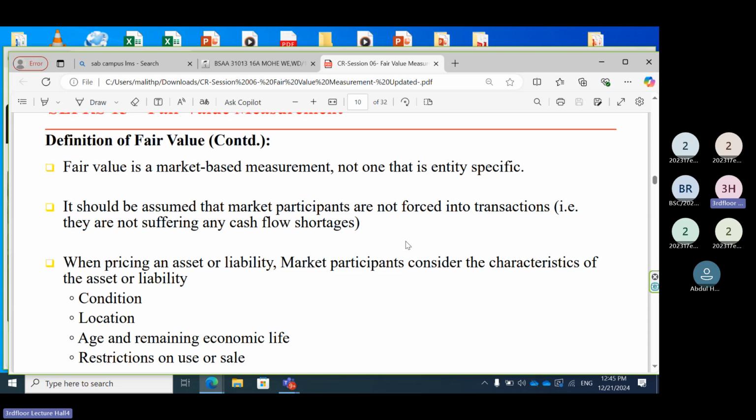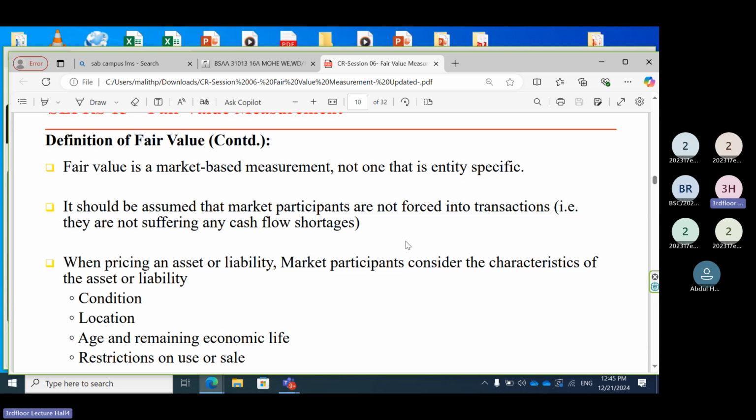Some of the assets can be placed with a bank, or else there may be some restriction to use them. You should know that restriction. Let's say you are buying a land with a 15 feet road, right?